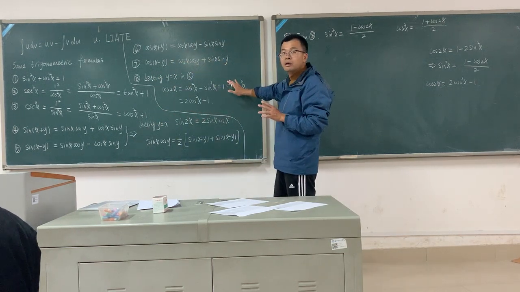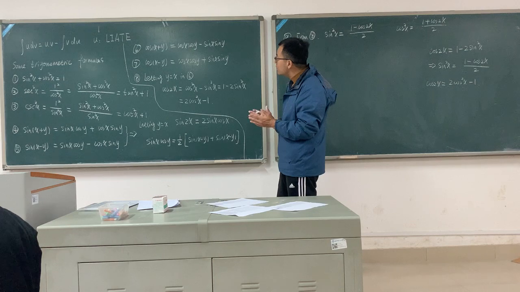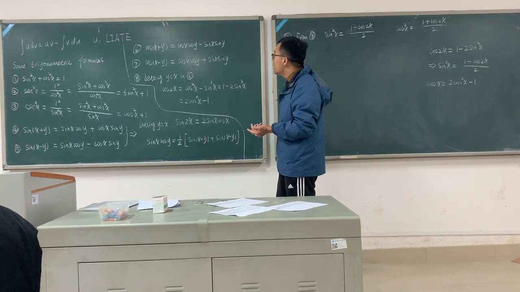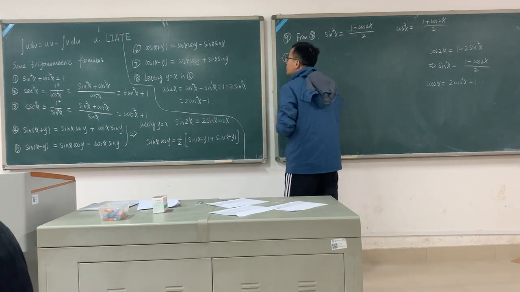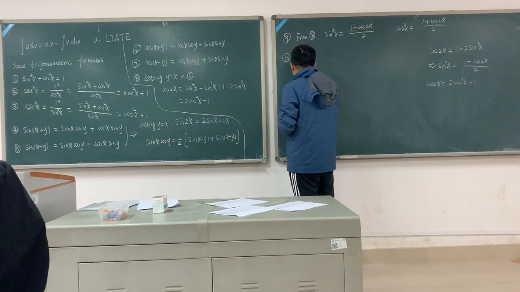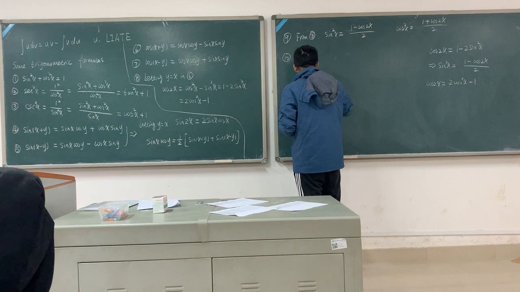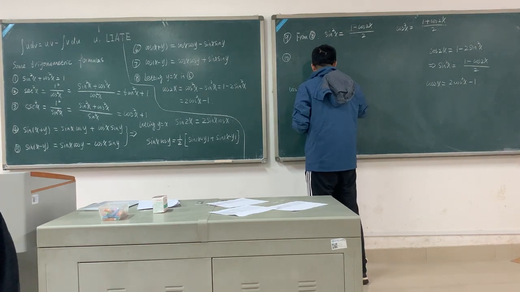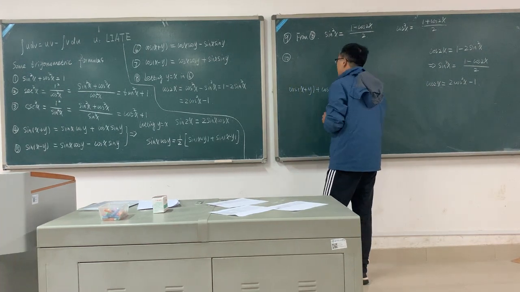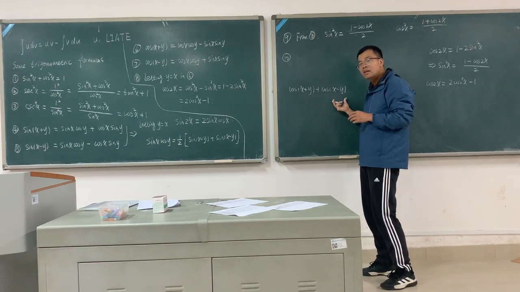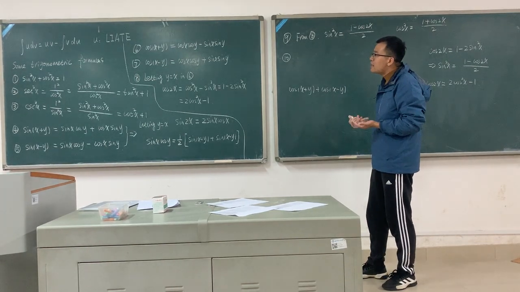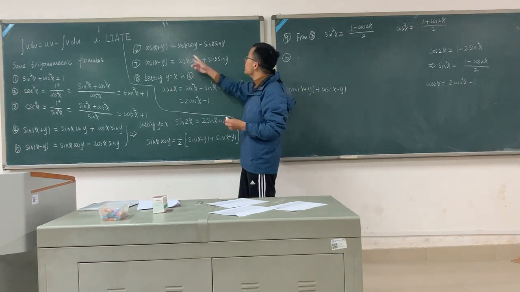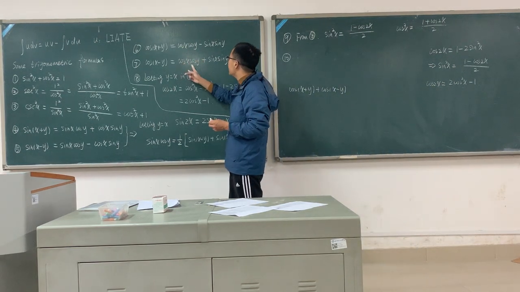The sum of the left hand side is cosine of x plus y plus cosine of x minus y. And the sum of the right hand side is cosine x cosine y plus cosine x cosine y.